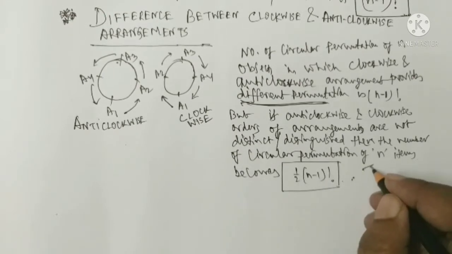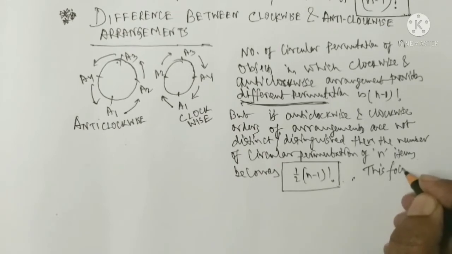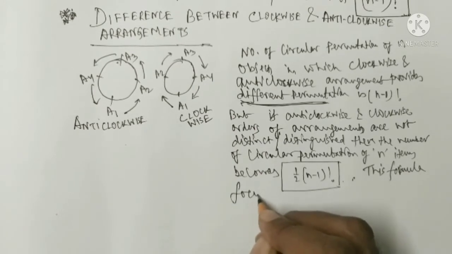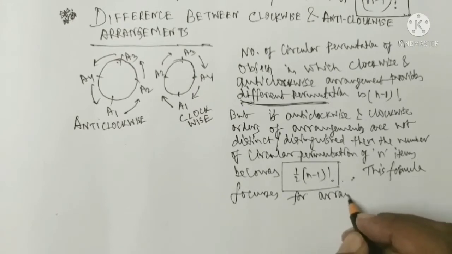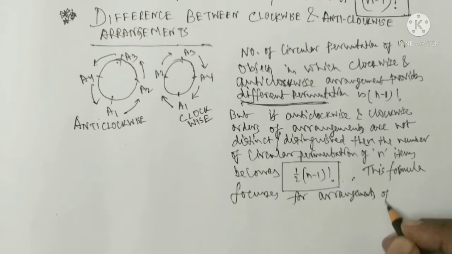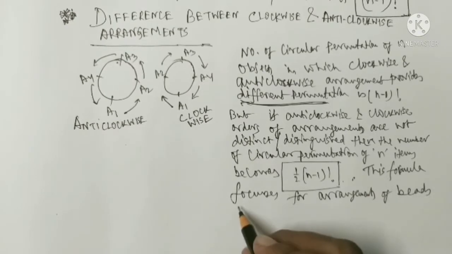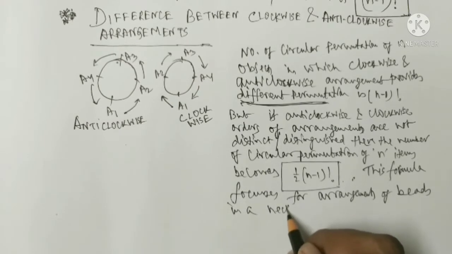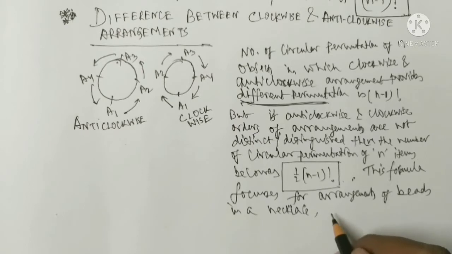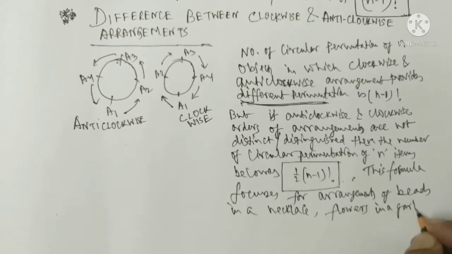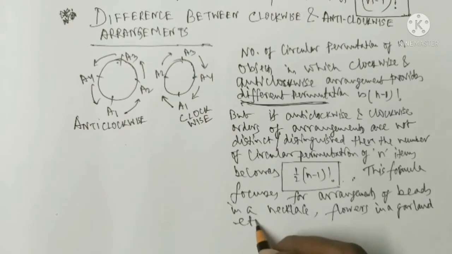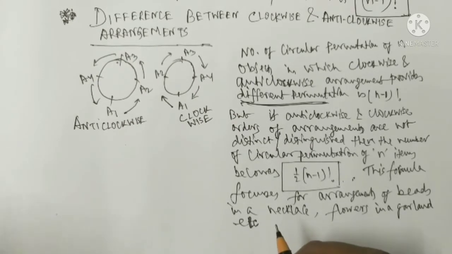And this formula focus is for arrangements of beads in a necklace, flowers in a garland, etc. Actually, the concept implies whether it will be considered as anti-clockwise or not distinguished.